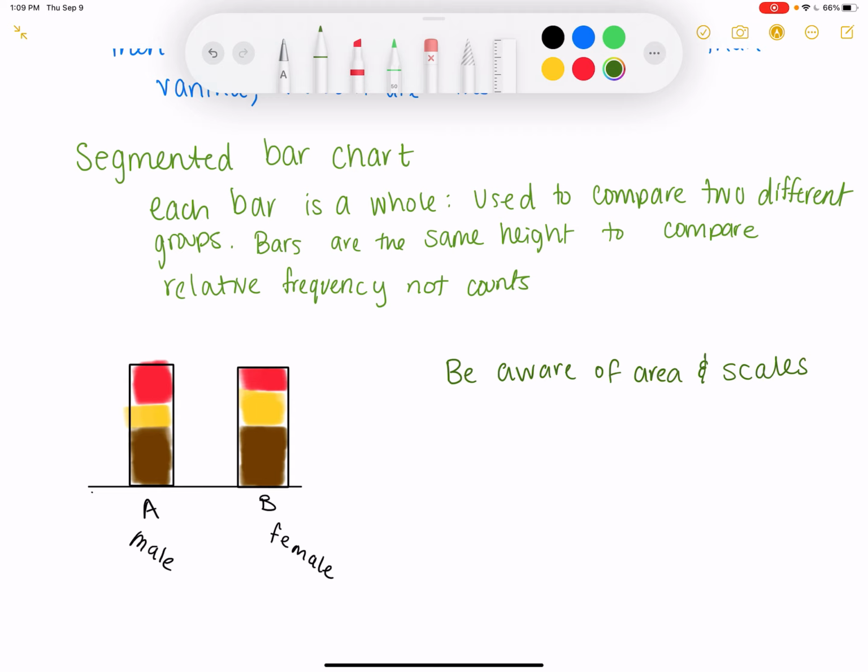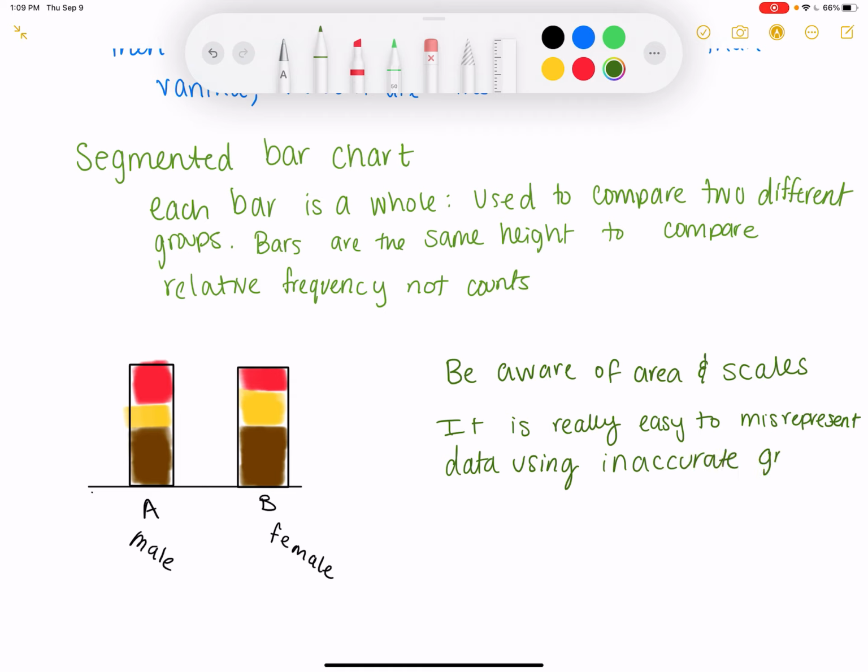I'm not going to get out a ruler and check, but it's really easy to misrepresent data using inaccurate graphs or scales.